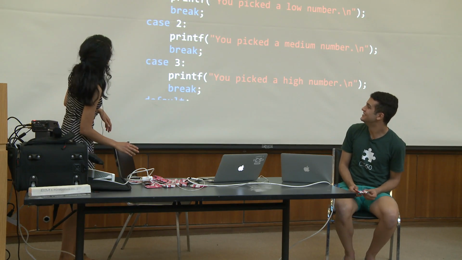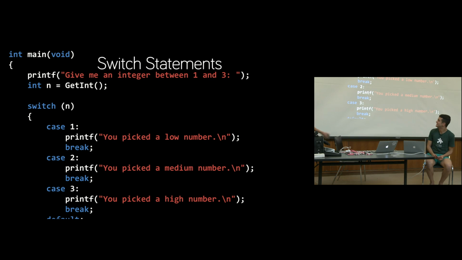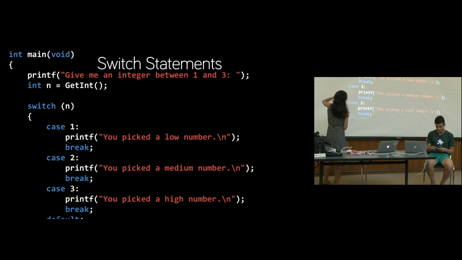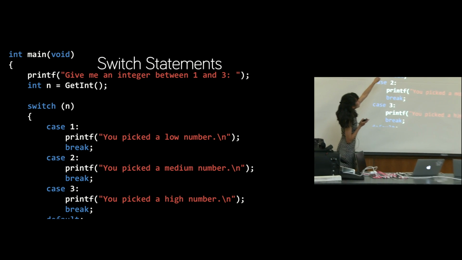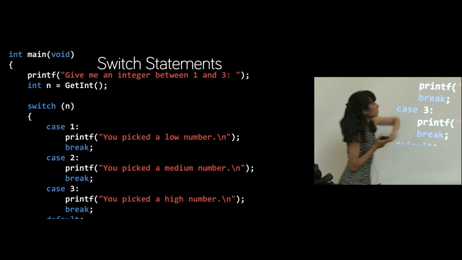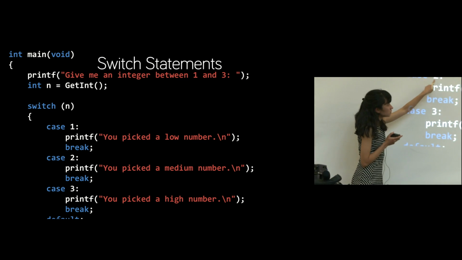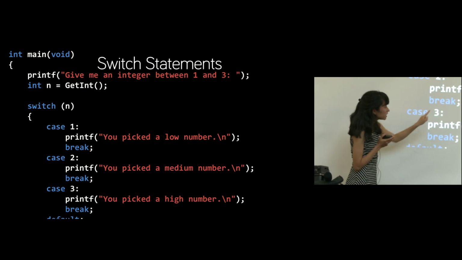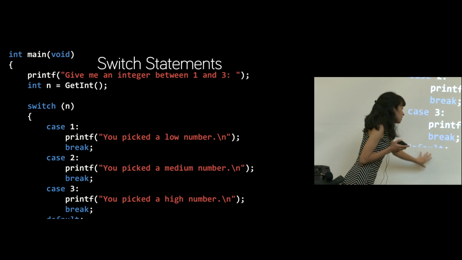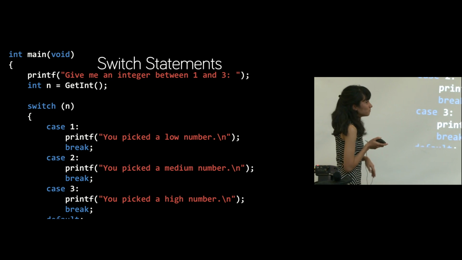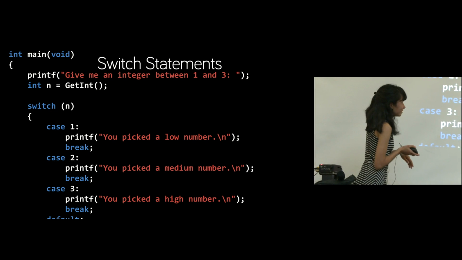All right. So David also mentioned these switch statements in class. Basically what's going on is a switch statement takes a variable. In this case, we're taking an integer. If the integer is 1, we're going to print out, you picked a small number. If the integer is 2, you picked a medium number. If the integer is 3, you picked a high number. I also had a default case down here, but it's not showing up, which is too bad.